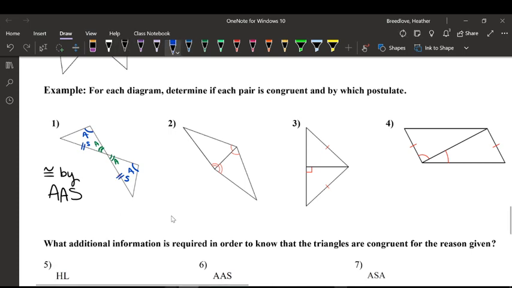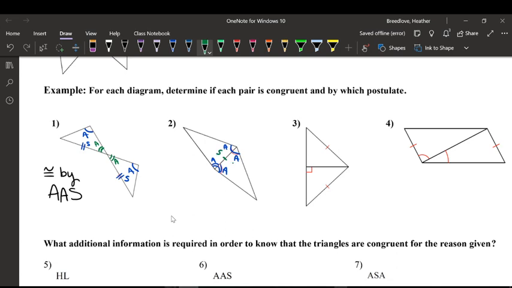All right, so the next one, I have a marked angle, one A. Two marked angles, so those are A's, they're angles. They share a side. We know shared sides are always congruent to itself.